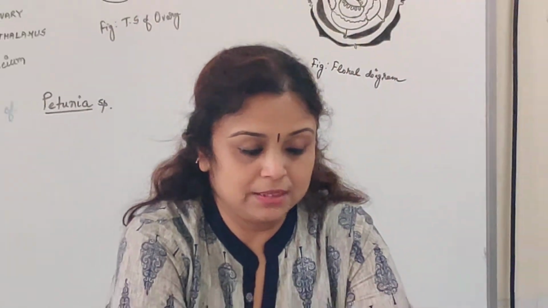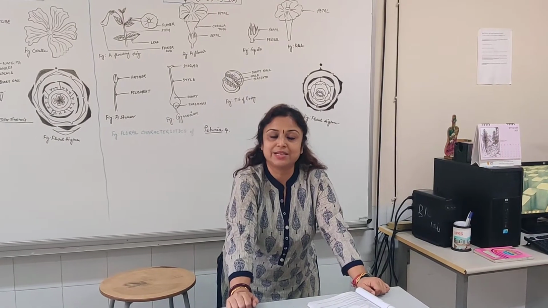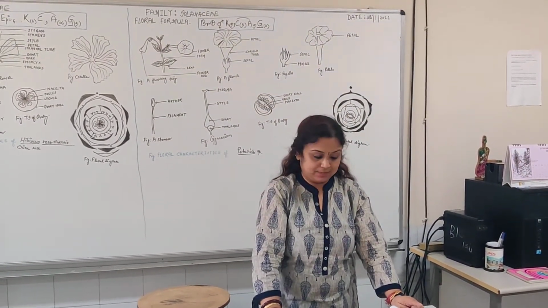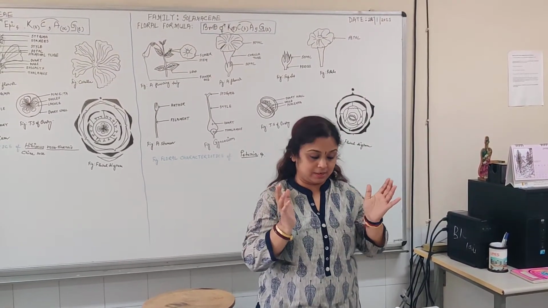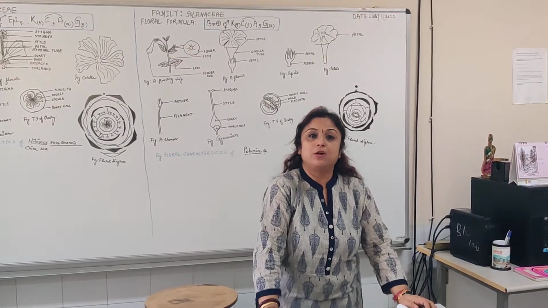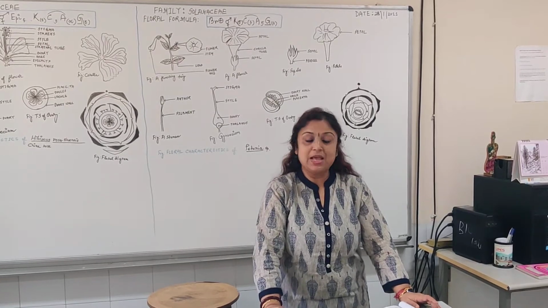Now, if the question demands you to describe the flower in semi-technical terms, you are going to write bracteate, pedicellate, complete, because all four whorls are present over here. Hermaphrodite, the male and female reproductive parts are present in the same flower.